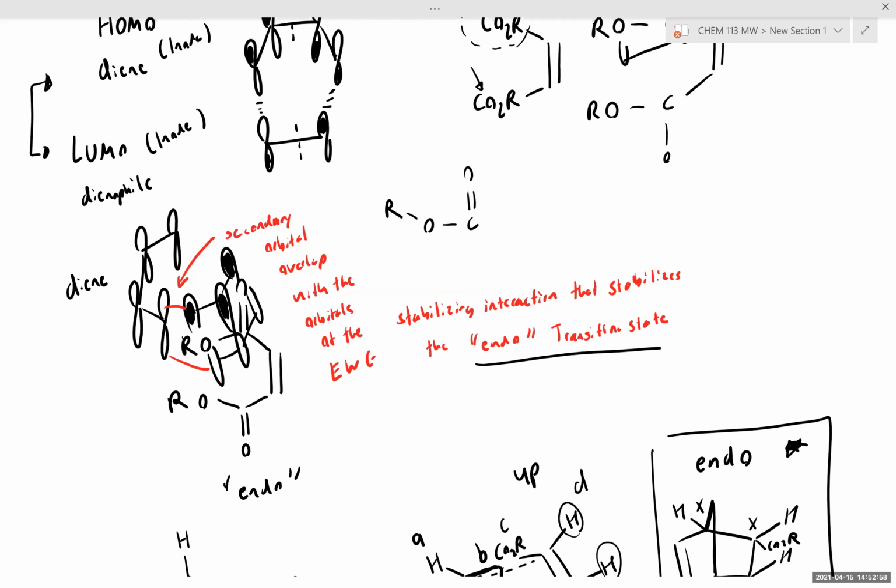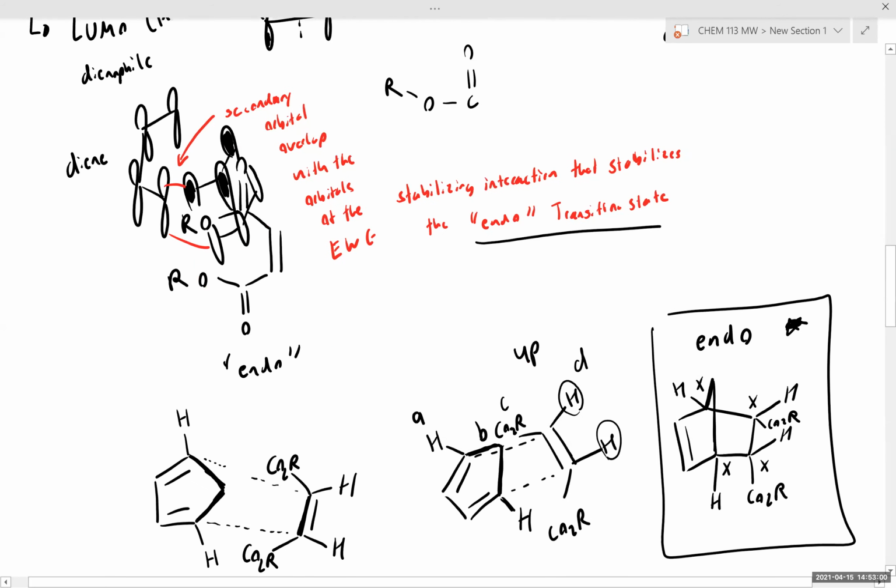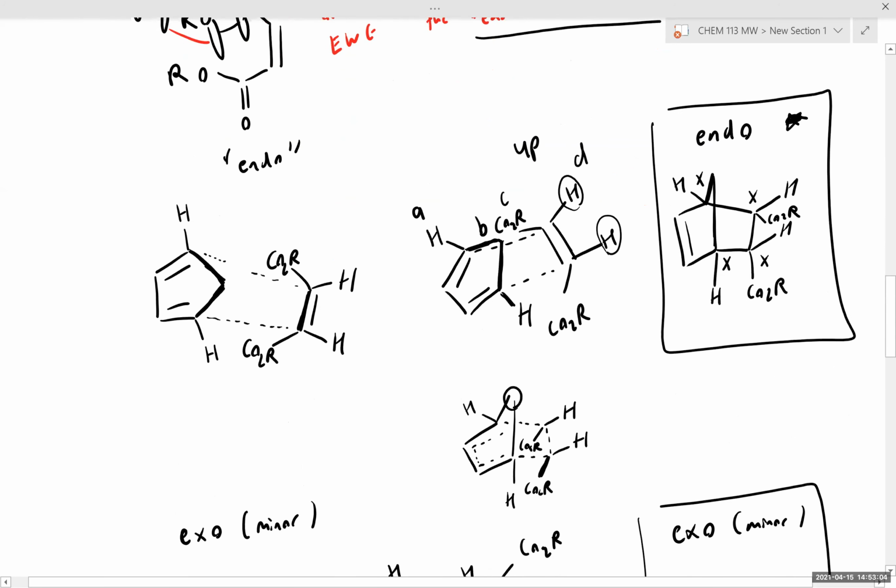We'll talk about this exact lab product in a moment. To help us visualize the exo and endo products, let's look at the reaction that was actually studied in many organic chemistry teaching labs, which is the reaction between cyclopentadiene and an alkene typically derived from succinic anhydride.